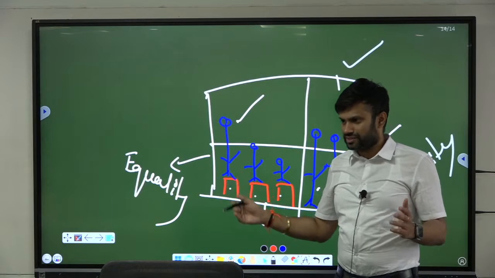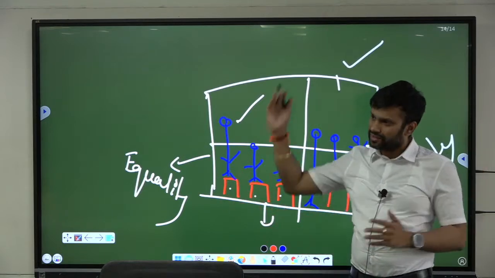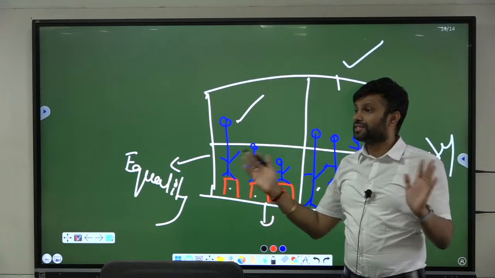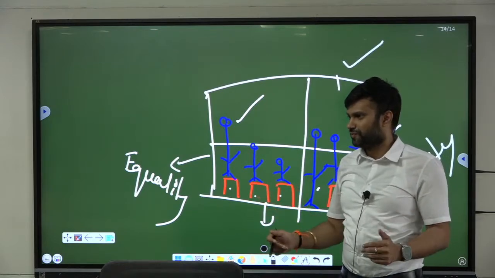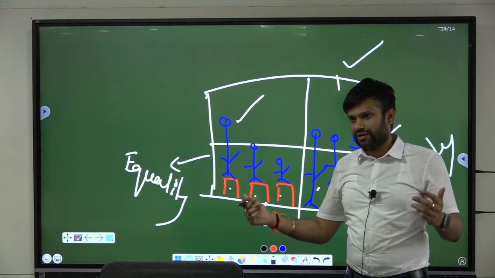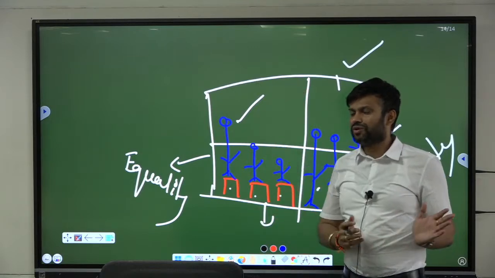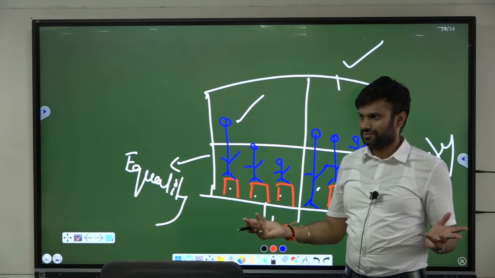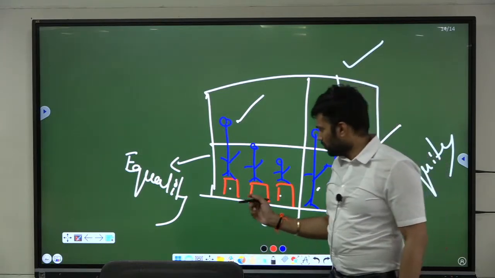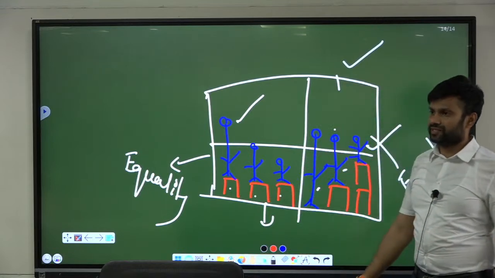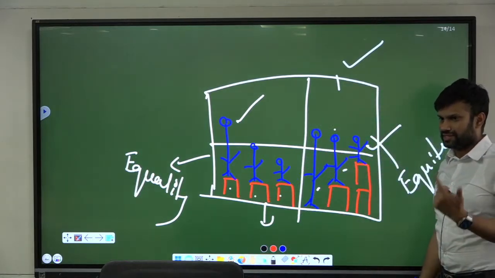You cannot have a race where one is at a different starting point, another at a different point, and then say we will decide on merit. For example, if there is one person with no legs, one person with one leg, one person with two legs, and all of them run a race, who will win? Of course the person with two legs will win. So this is the idea behind reservations, why the state has brought reservations.